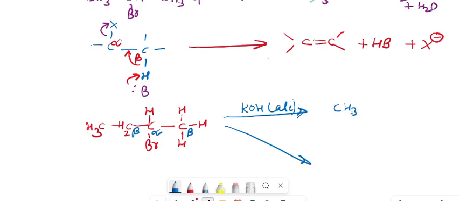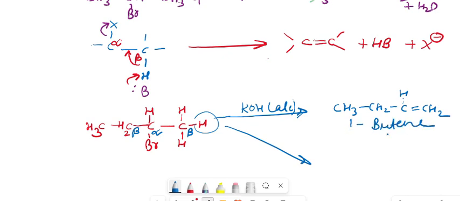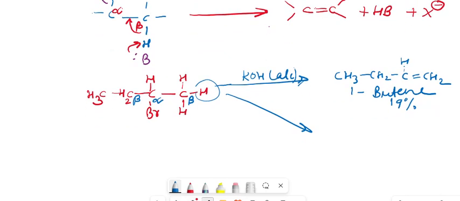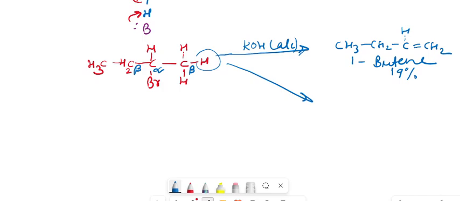So CH3, if this hydrogen is removed, the product formed is this one, CH3CH2CH double bond CH2, which is 1-butene. Its yield is 19% only, and the other product is formed when the removal of this hydrogen takes place from this carbon.